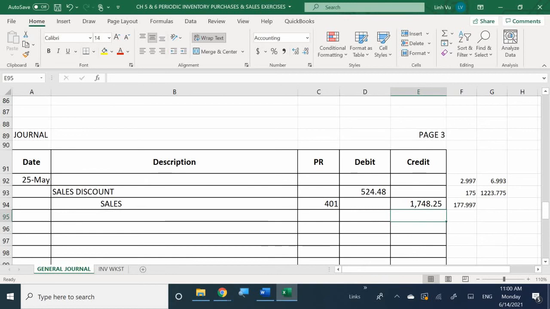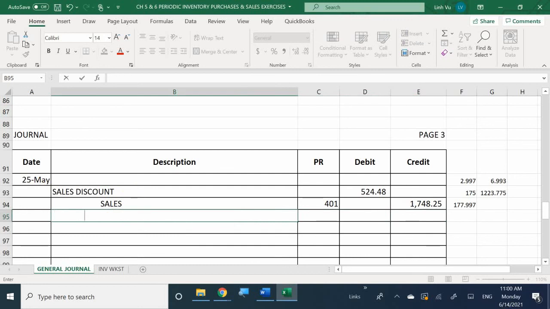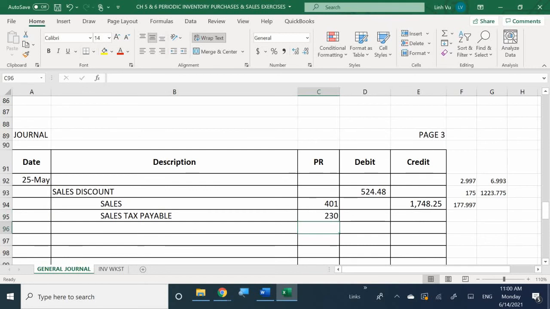Okay. What else do we need to do? Well, we need our sales tax. So it comes to $100.96?